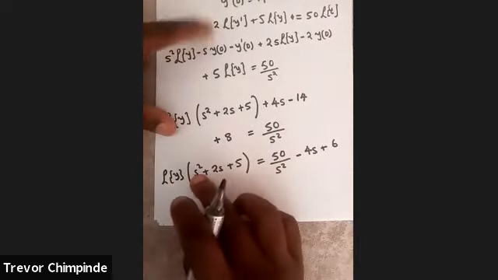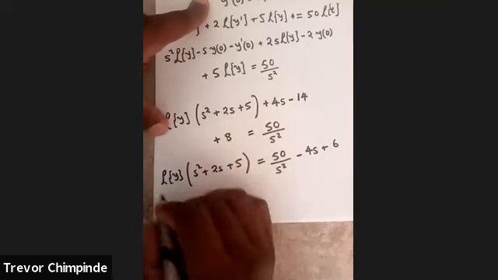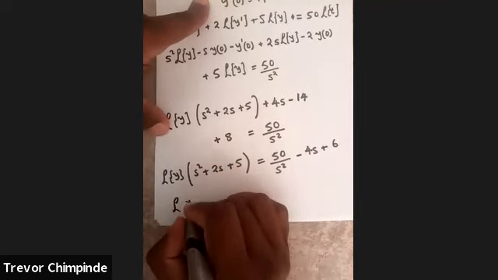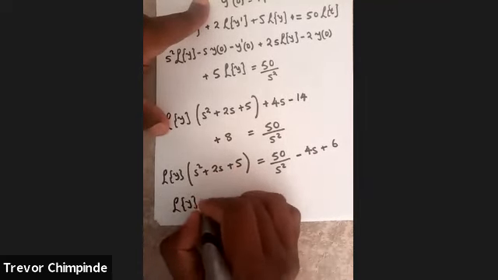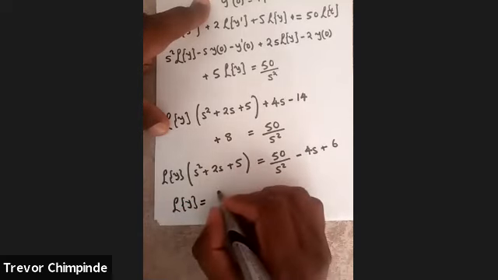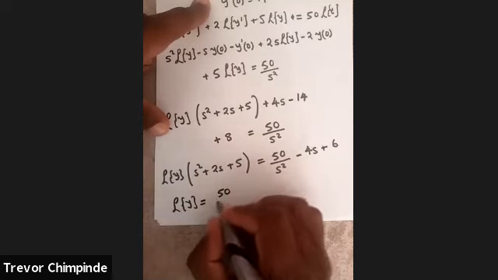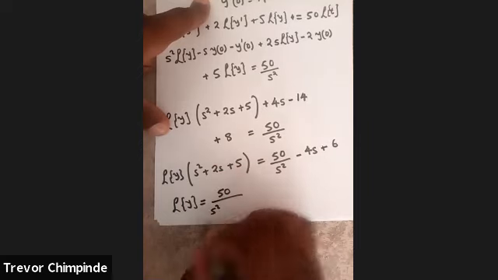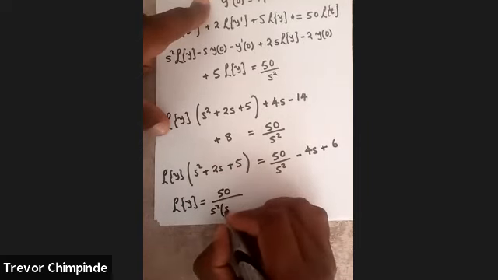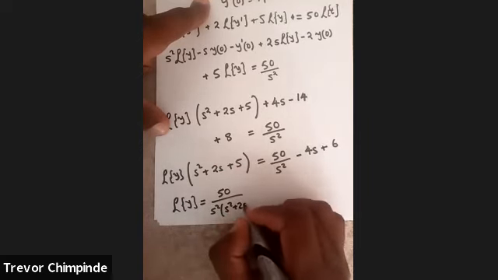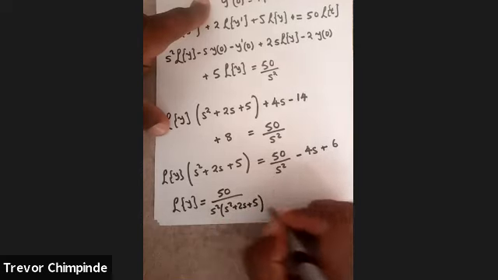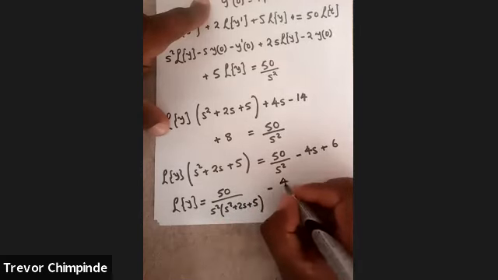We can divide both sides by s squared plus 2s plus 5, so that we have that Laplace of y is equal to 50 over s squared, then s squared plus 2s plus 5, then minus 4.